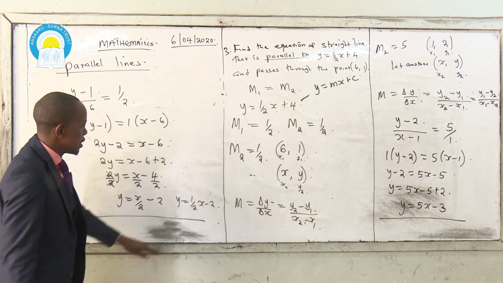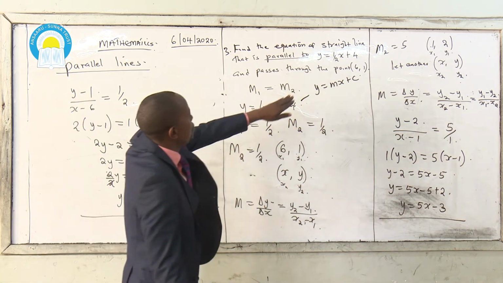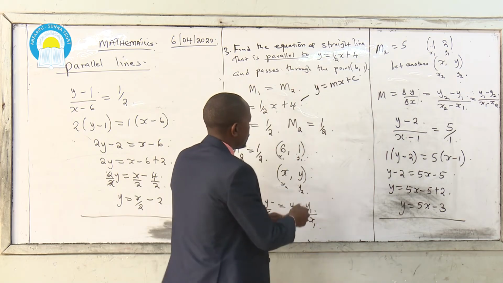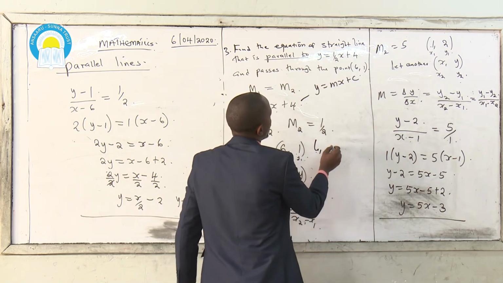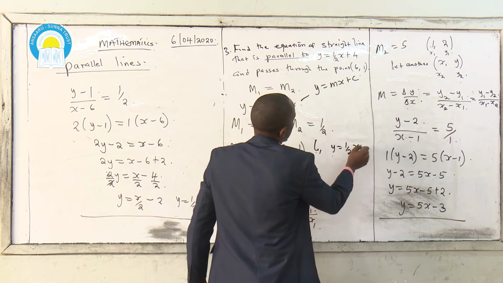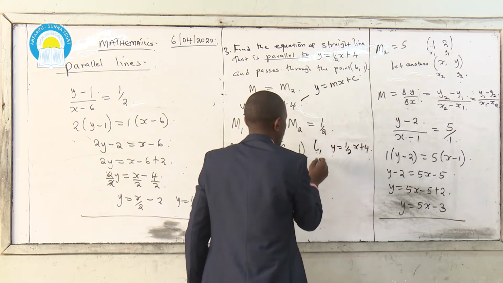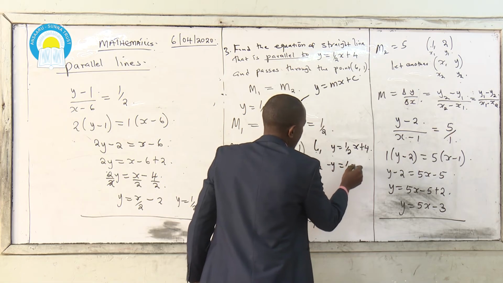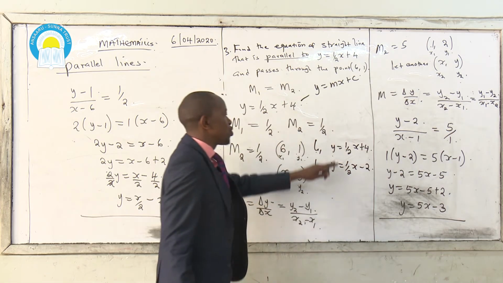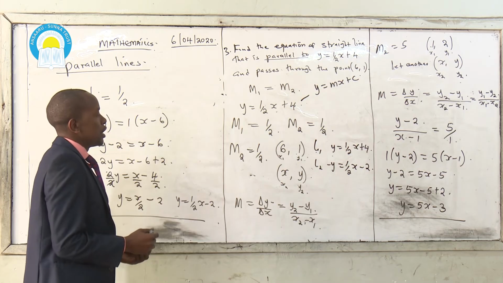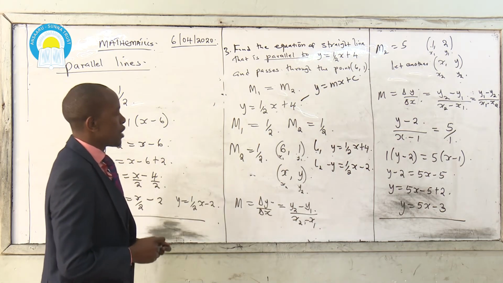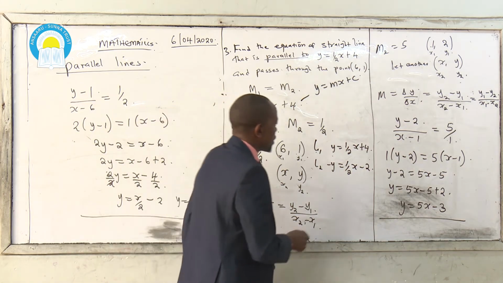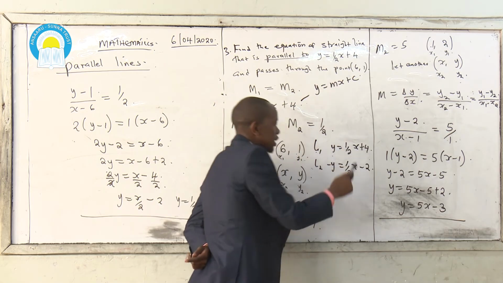Now you realize that they have the same gradient. Line 1 is y equals a half x plus 4. And line 2, from what we've come up with, is a half x minus 2. These are two different equations, but they have the same gradient.